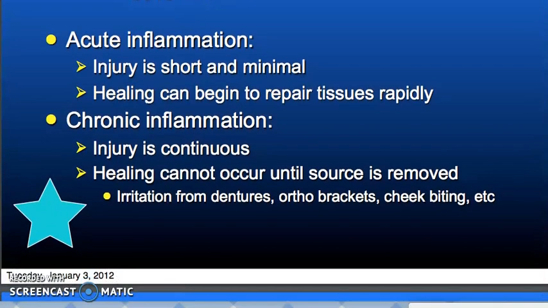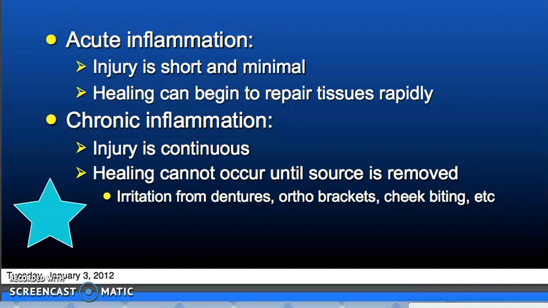The injury is continuous. So I always think of something like maybe a partial or a denture that rubs against the mucosa or the gingival ridge every day. So that would be inflammation that could be continuous from being a chronic irritant. Healing cannot occur until the source is removed. So think about, again, the partial, the denture. You'd have to take that off and remove it, or have it adjusted by the dentist.